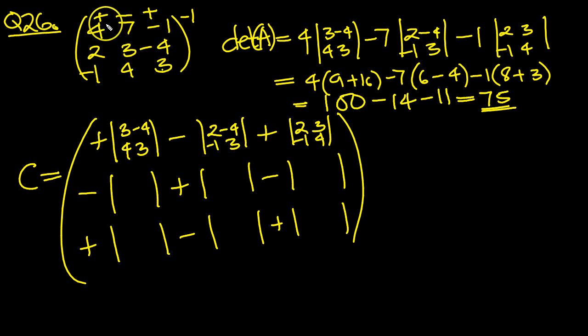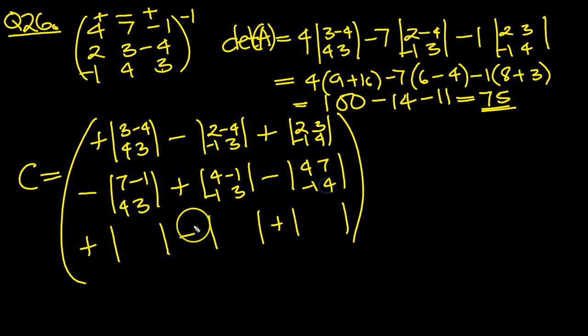This one then, 2, element, row and column, 7 minus 1, 4, 3. And the middle one, we get 4 minus 1, minus 1, 3. And then this one, the minus 4 element, you get 4, 7 minus 1, 4. And then this one, row and column, 7 minus 1, 3 minus 4.